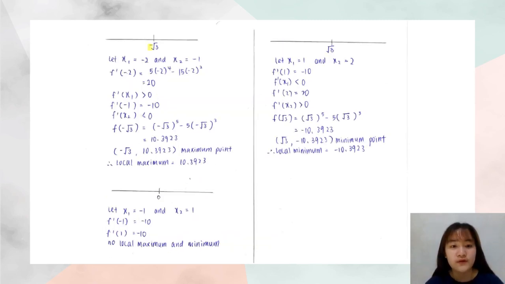For -√3, there is a local maximum at 10.3923 because f'(x1) is bigger than 0 and f'(x2) is smaller than 0. For 0, there is no local maximum or minimum because the sign is the same on both sides. For √3, there is a local minimum at -10.3923 because f'(x1) is smaller than 0 and f'(x2) is bigger than 0.